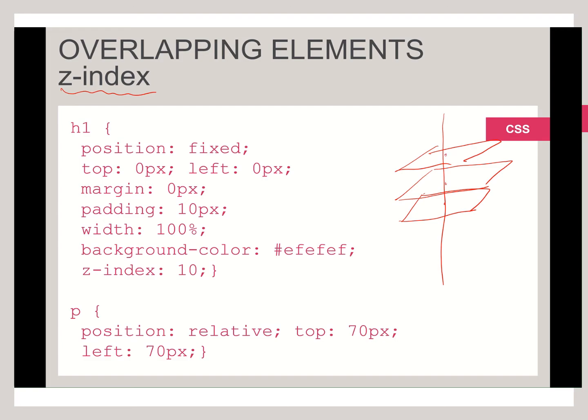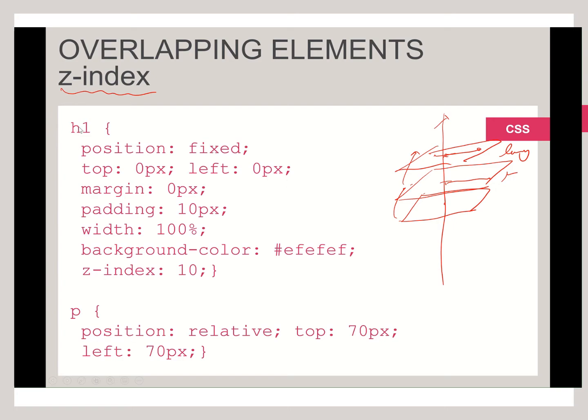So if the z-index is higher, then that one will be the one to be seen, layer by layer. So that means we want to bring this one to the top. We set it to be the highest. Okay, so that means if you want to show something, give that one a larger z-index. That's the idea.